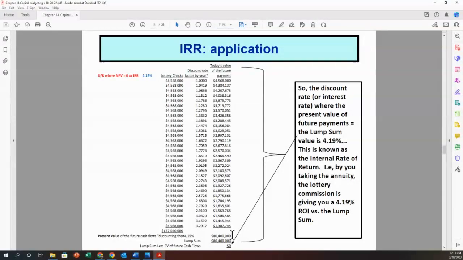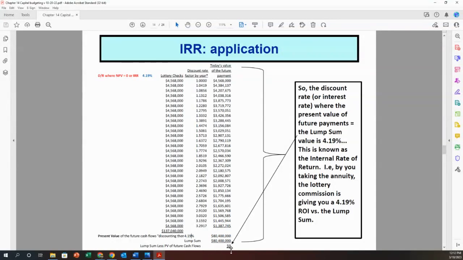So the 80, this top number, is the present value of these future cash flows discounted by an interest rate. And we're comparing that to the lump sum.